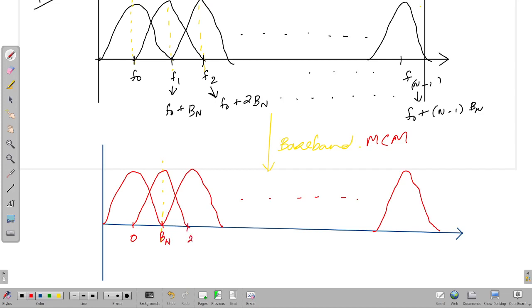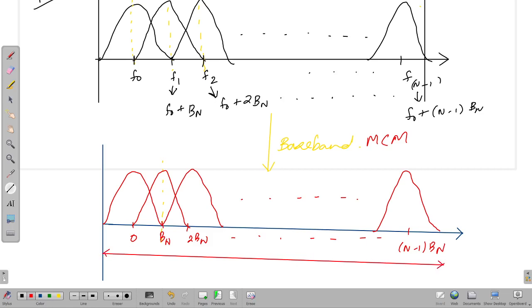I have here 2 times Bn, etc. Goes up to n minus 1 into Bn, and you have n number of subcarriers, each of bandwidth Bn, and so the whole bandwidth of the system is B itself. That doesn't change. You have only done a frequency translation. You have brought things to baseband, but you have not changed the bandwidth of the signal.